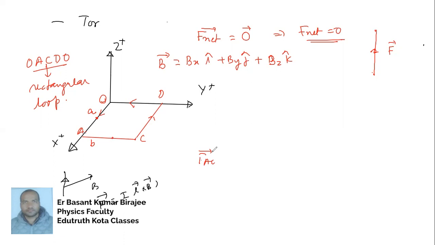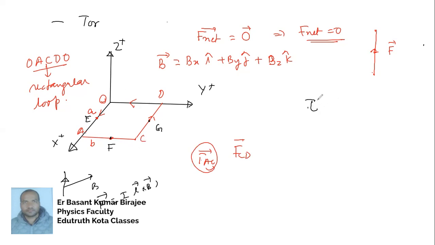It means your FAC force will act here at the midpoint of the AC arm. Similarly, your FCD force will act on the midpoint of CD. And let this be the E point, this be the F point, and this be the G point.